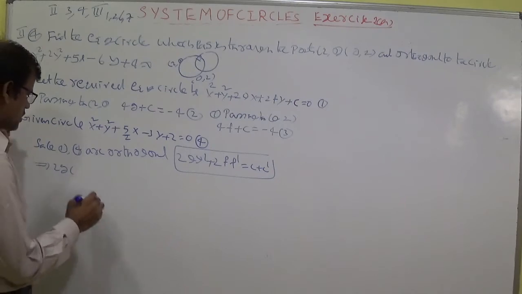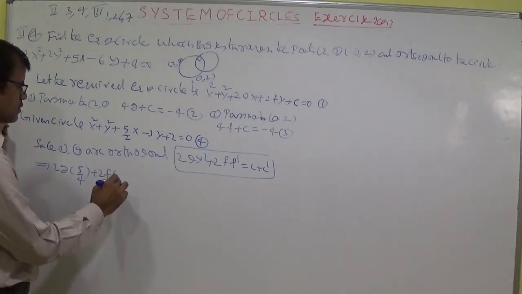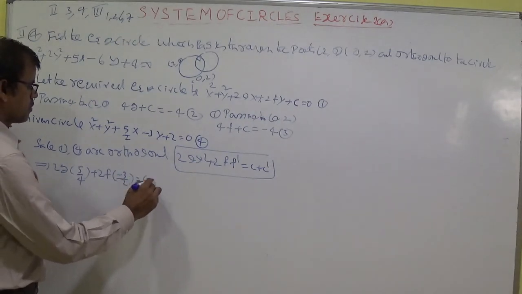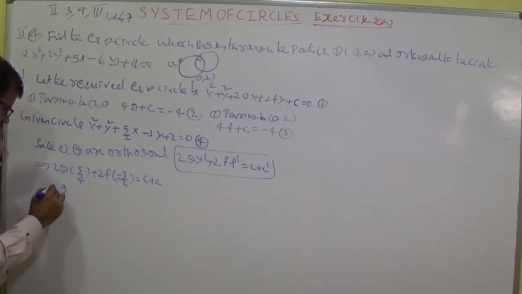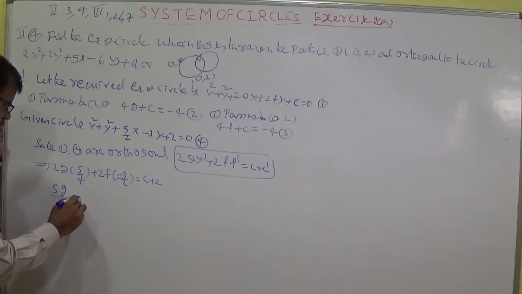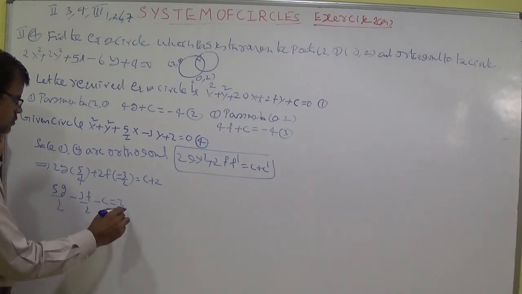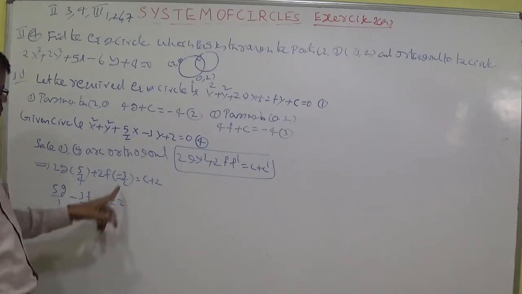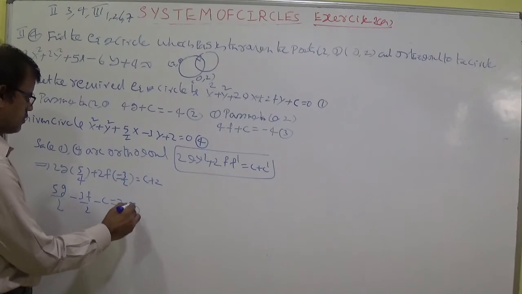G dash means here 5 by 4, plus 2f into f dash means here minus 3 by 2, equal to c plus 2. You can write this one as 5g by 2 minus 3f by 2 minus c equal to 2. It is better because we should get the values of g and f. Let it be equation number 5.